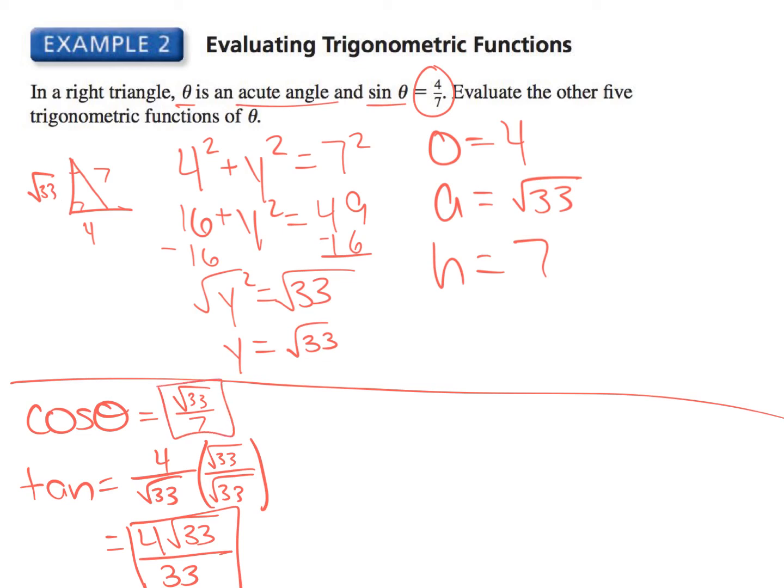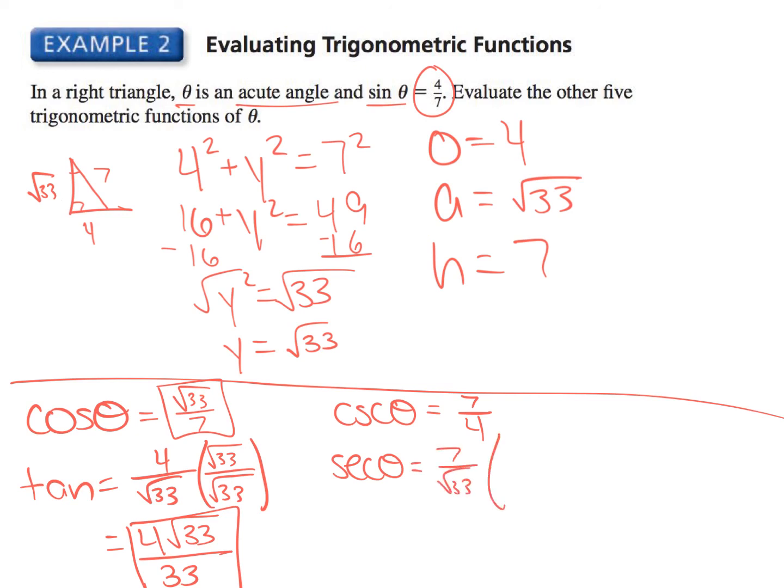We can go ahead and find our reciprocals. So first up is cosecant. We have that sine is 4/7, so cosecant is 7/4. It's the reciprocal. Then we've got secant, which is the reciprocal of cosine. So that's 7/root 33.